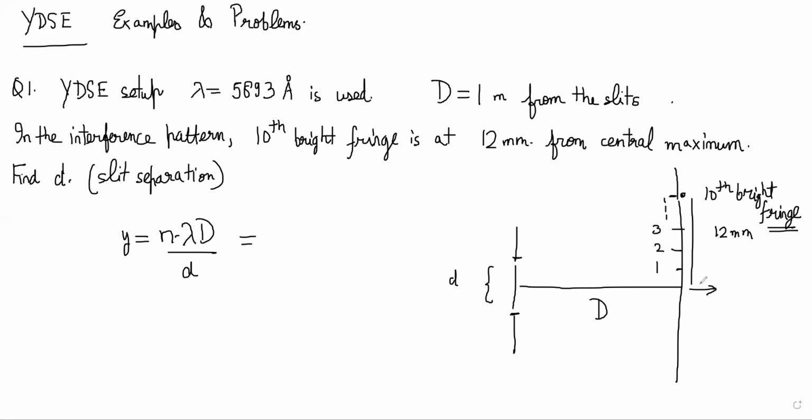Central bright fringe is n equal to 0 basically. So then you just put 10, 5893 into 10 power minus 10 multiplied by 1 by d should be equal to 12 into 10 power minus 3. And then from there you directly find out d. Okay, so that is pretty straightforward.